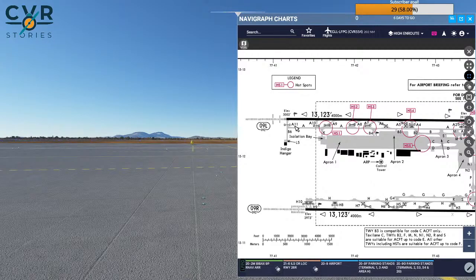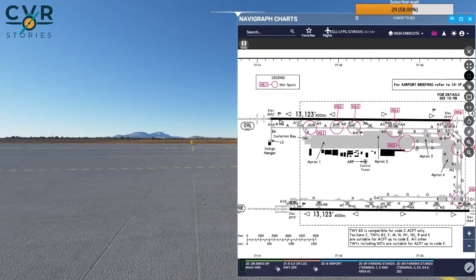You don't call it Alpha 11 or Alpha 10. It will be Alpha 1 1, right? You specify exactly letter by letter, number by number to ensure that there are no mix-ups that happen. So you have all of your airport taxiway names placed along as you go along.